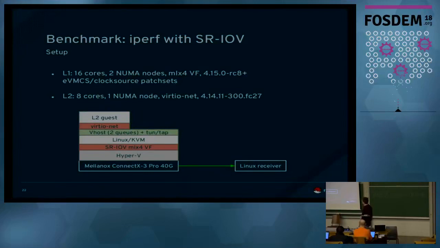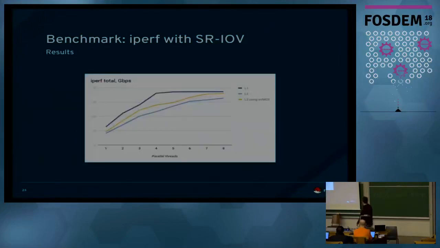So, okay, we have a big guest for level 1, we have one NUMA node for level 2, and we will run iperf. So, how well does that perform? Yes, so these are the numbers. As you know, if you run it in level 1, you need like 4 parallel streams to saturate this 40 gigabit network card. With level 2, it's worse, but it's not like in these synthetic examples where it's 10 times slower, right?